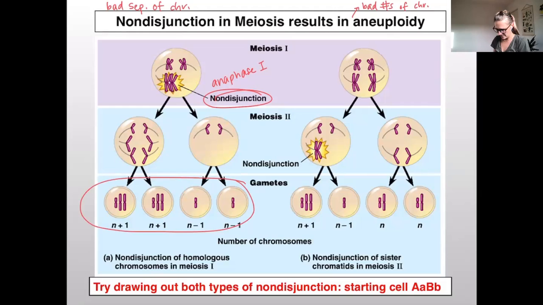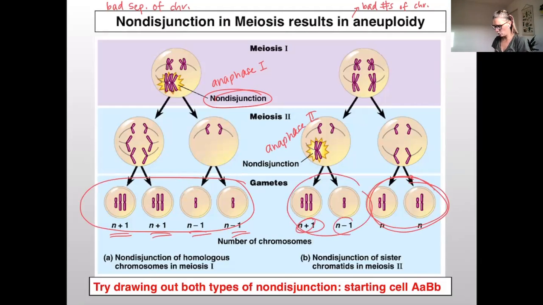You either get gametes that have extra chromosomes or gametes that have fewer chromosomes. If you have nondisjunction in anaphase 2, then you will end up with 2 normal gametes and 2 gametes that are bad, either too many or too few, right?